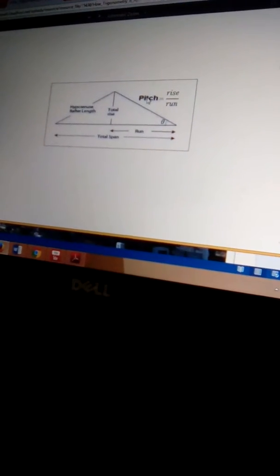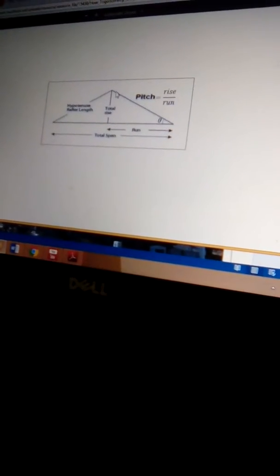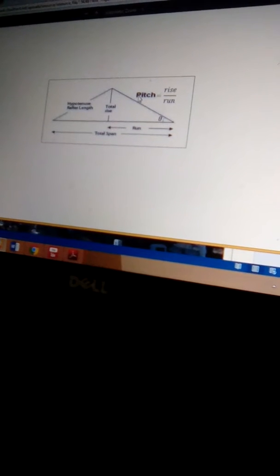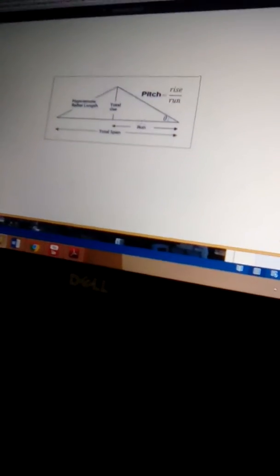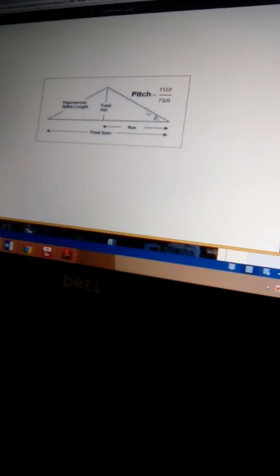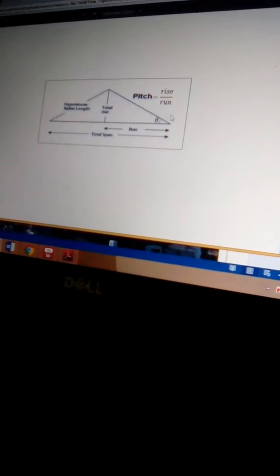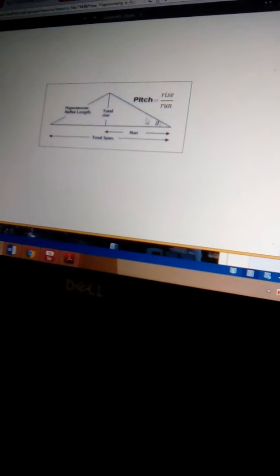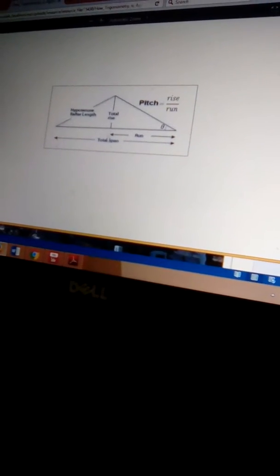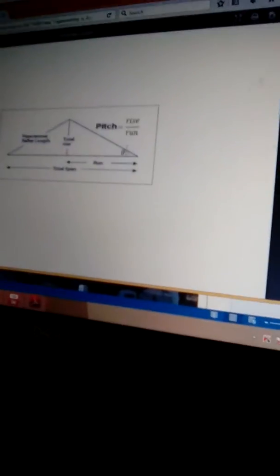If you consider this half portion of the sloping portion of a roof, you can define this slope in terms of pitch, that is the ratio of rise to run. Rise to run, that is vertical change to horizontal change, or change in Y over change in X. Otherwise, you can define this slope by considering the tangent.